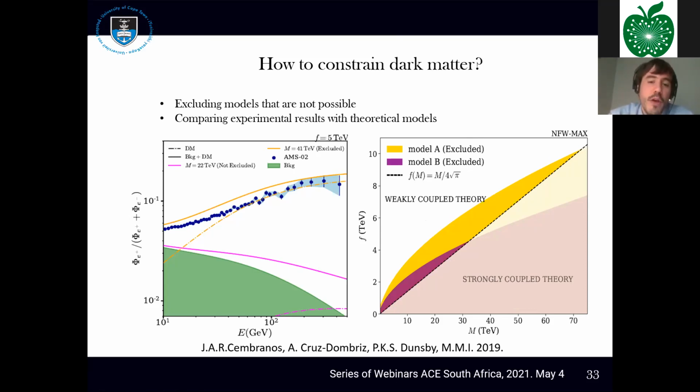So what we get is what is called an exclusion plot. We have different models, not only of dark matter, but also of the propagation of the products of annihilation. So there are some different things that make things a little bit more complicated, but the general idea is what I told you: just see if the theoretical model exceeds the experimental data.